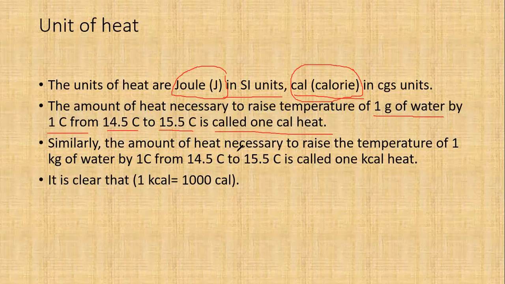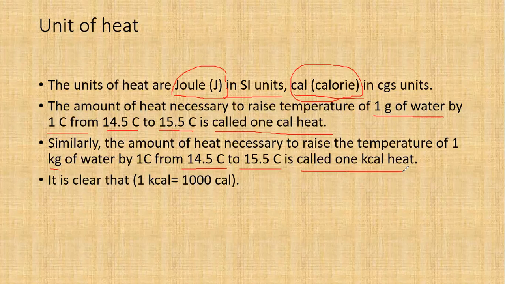Similarly, the amount of heat necessary to raise the temperature of 1 kg of water by 1 degree Celsius from 14.5 degrees Celsius to 15.5 degrees Celsius is called 1 kilocalorie of heat. And it is clear that 1 kilocalorie is equal to 1000 calories.